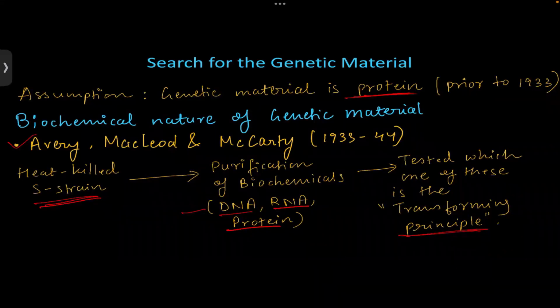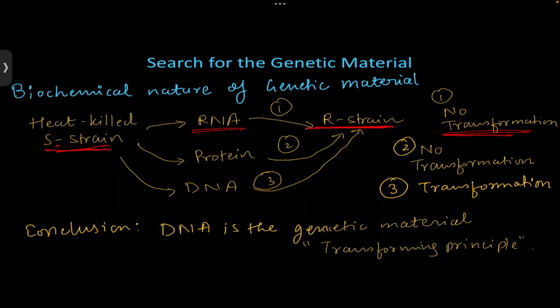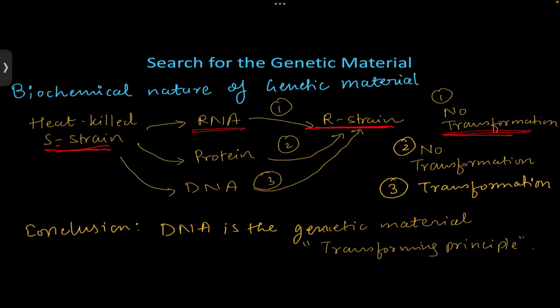All right. So from the heat-killed S strain bacteria, first they took its RNA and injected it into the R strain bacteria, and they saw that the R strain didn't transform into S strain.